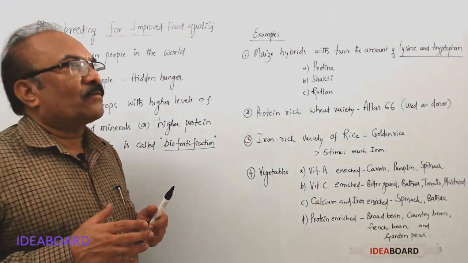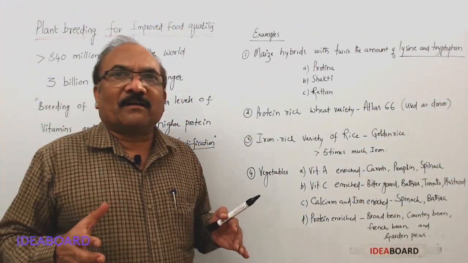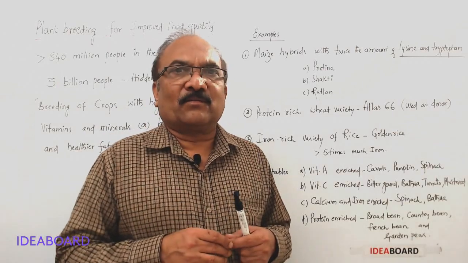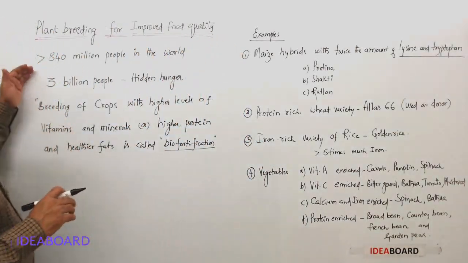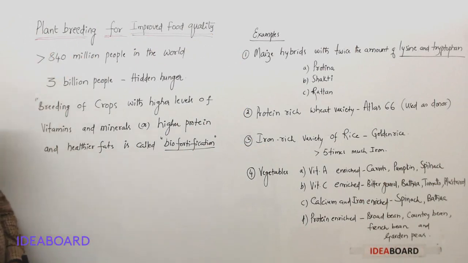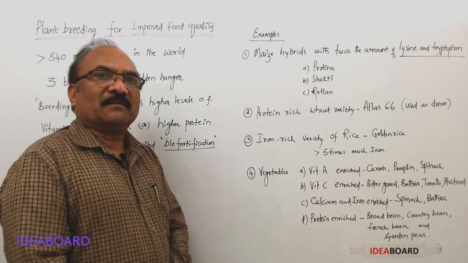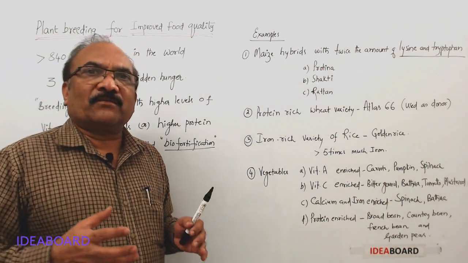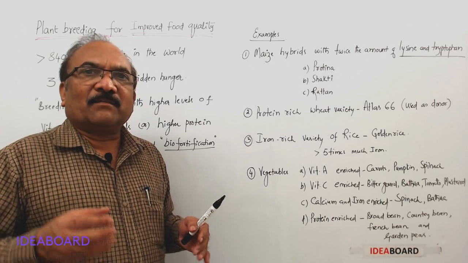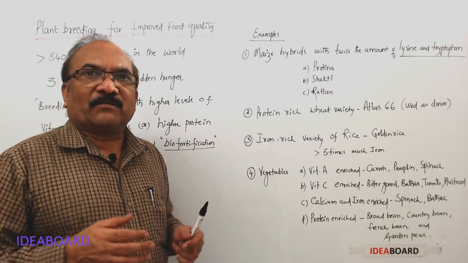And actually, we think that everyone in the world is getting sufficient food. No, not at all. And remember, more than 840 million people in the world are not getting adequate food. This is due to poverty. And even among the people who are taking the food, they are not getting balanced food. Means what?